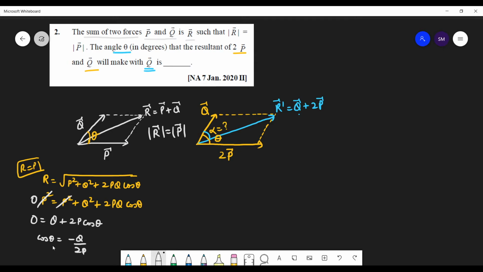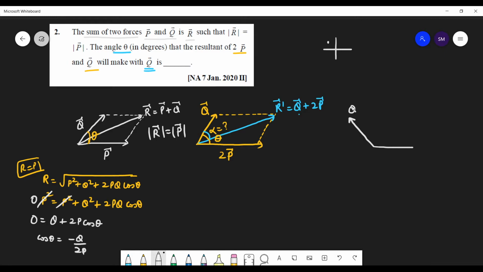So you can see that cos theta is negative. Cos theta negative means it is in the second quadrant. So obviously this figure is not correct. So theta is obtuse.